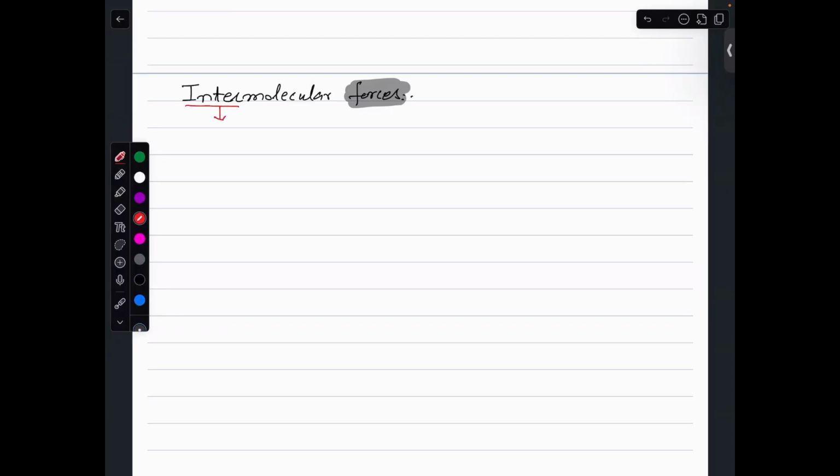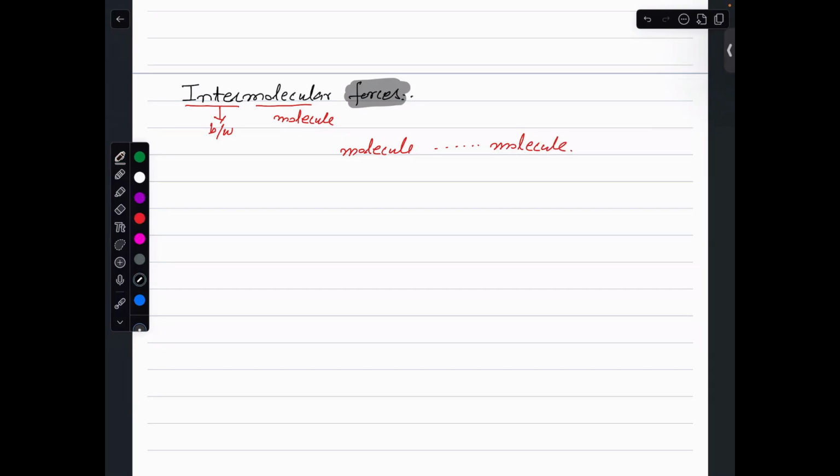Inter means between molecules, like one molecule attracts another molecule.